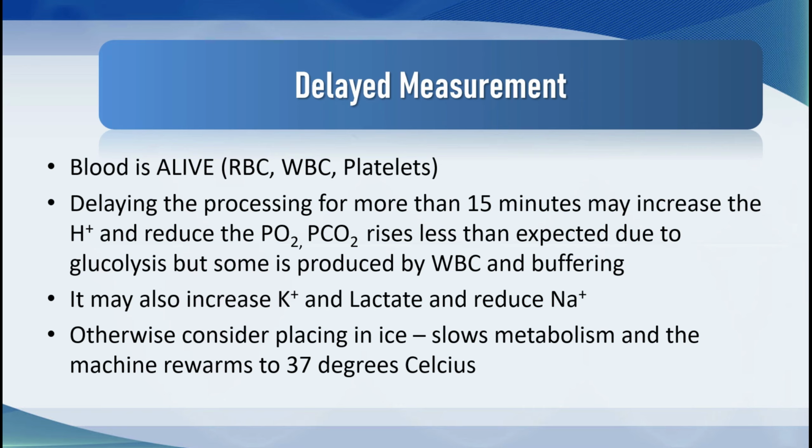You may also see a rise in the potassium and the lactate and a reduction in the sodium. So in general, when you take a blood gas, try and get it to the machine within 15 minutes. If not, you can consider placing it in ice. That will slow metabolism. The machine, regardless, will rewarm that blood sample to 37 degrees Celsius.